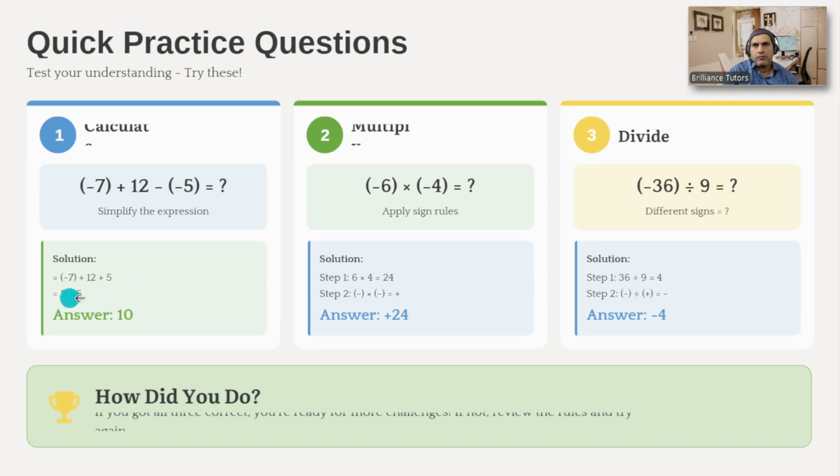Minus 6 into minus 4: the same sign, so it will be plus, and 6 into 4 is 24, so we get 24. I hope that's clear. And minus 36 divided by 9 equals what? Different sign, so the opposite sign is always minus, and 9 times 4 is 36, so we get minus 4.